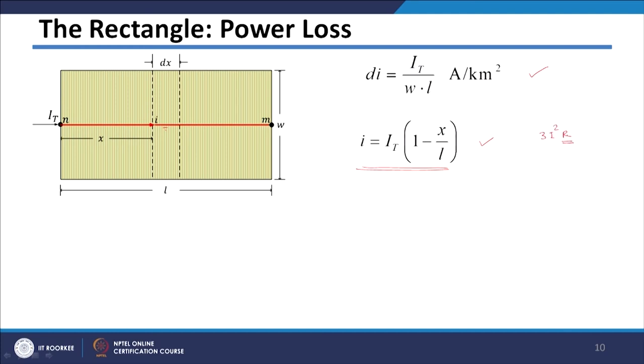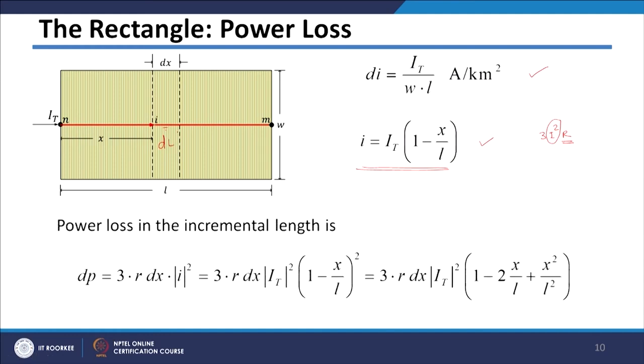R is the resistance of this small strip, and I square is the current entering into the small strip. So, first let us derive the power loss, which I am calling dP. So, dP is the power loss happening in the small strip of width dx.